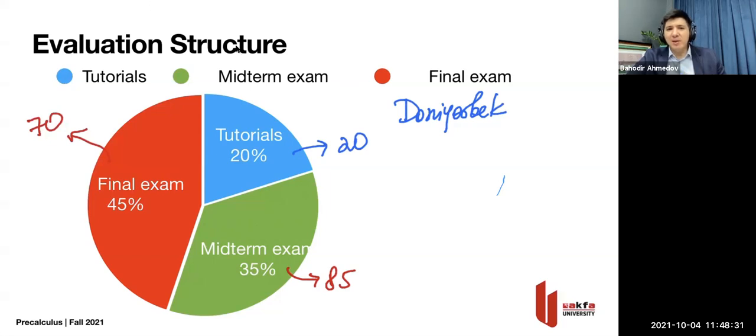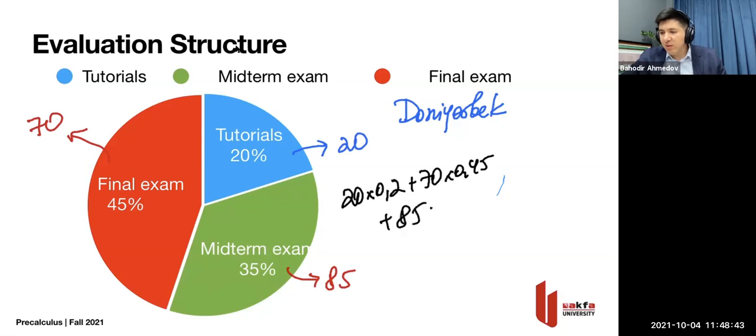Well, we need to weight the grade, okay? So what we need to do is multiply 20 by 0.2, which is 20%, plus 70 by 0.45, which is 45%, plus 85 by 0.35, which is 35%. This is called the weighted mean. Does someone have a calculator? Can you calculate this?